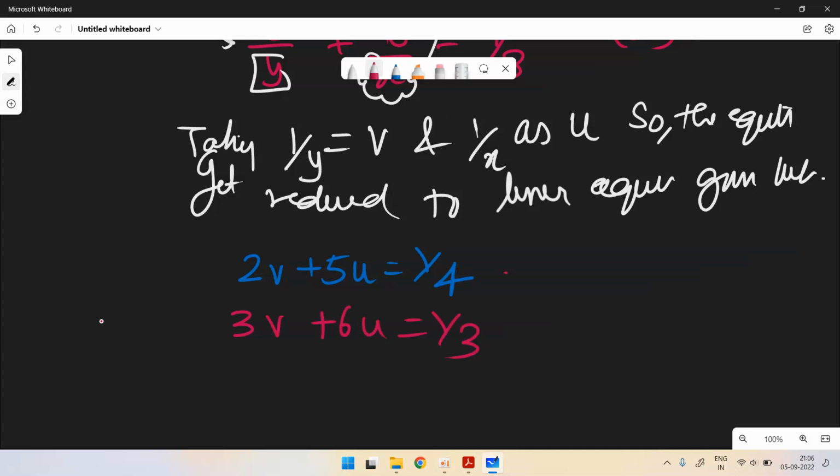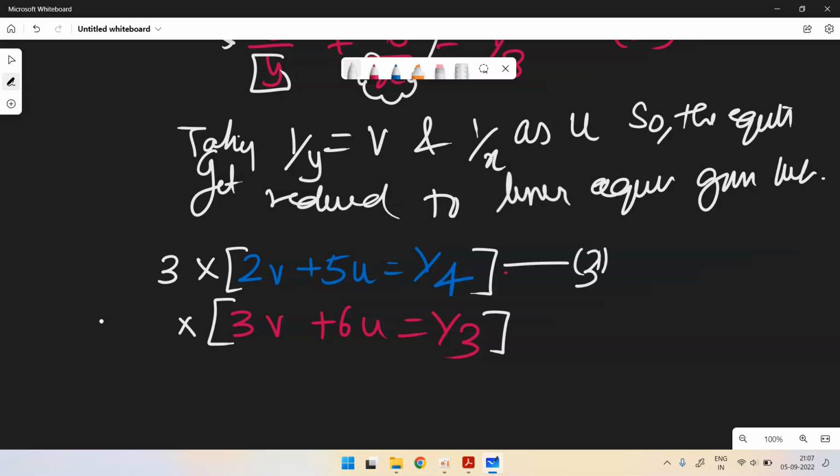Now if you see these equations, the coefficient of v in one equation is 2 and in the other it is 3. If you take the LCM of 2 and 3, it is 6. So you need to multiply equation 3 by 3 and equation 4 by 2.